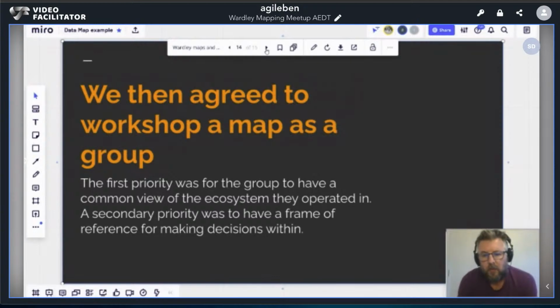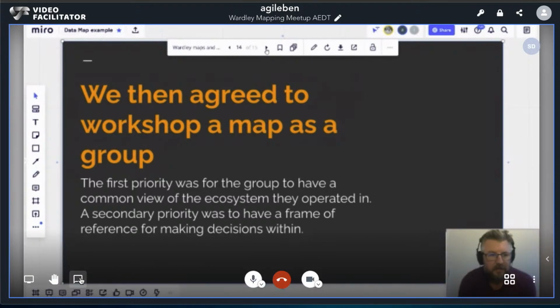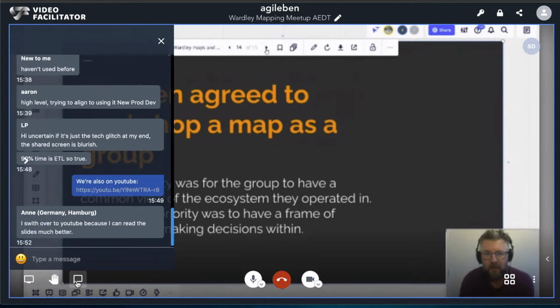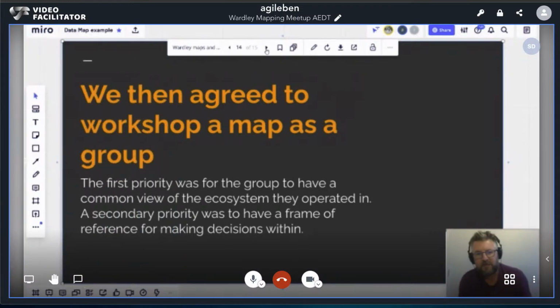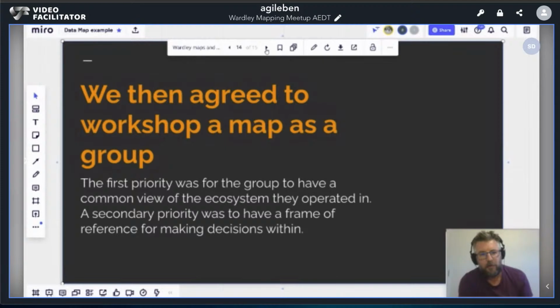So once I started to build up this confidence, I was going, well, it's maybe not enough to sit in a dark room having collected this information and just build a map myself and then throw that over the fence and say, hey, here's a map, it answers all our questions. That wasn't going to be enough to build consensus around these pretty big investments and decisions that we needed to make.